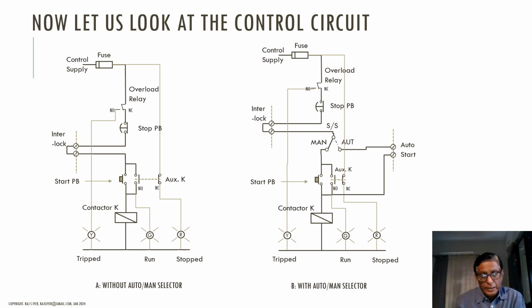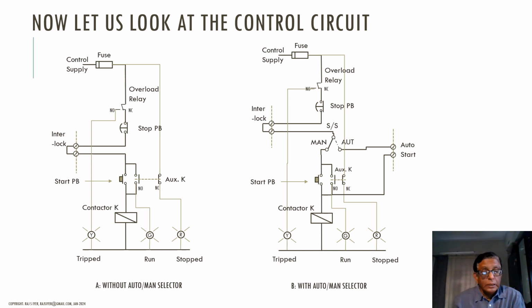It's only standard practice. And then the NC contact is wired to the light that says that the motor is stopped. So also the overload relay's NC contact remains closed under normal operating conditions, and when the overload relay trips, its NO is activated, and that powers that yellow color indicator lamp which shows that the motor is tripped.